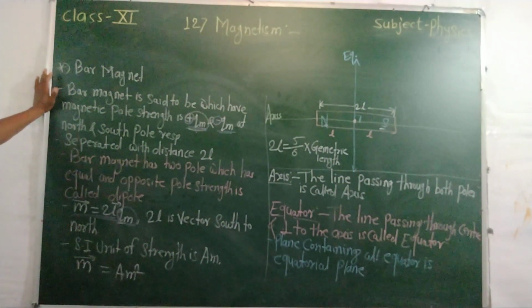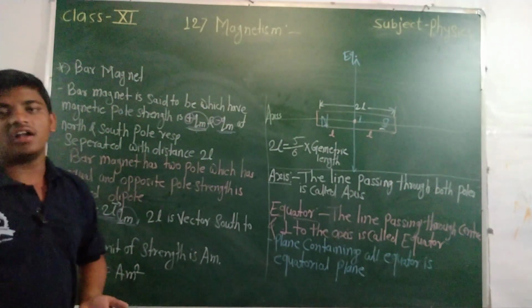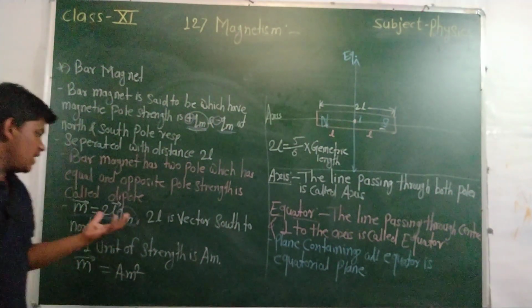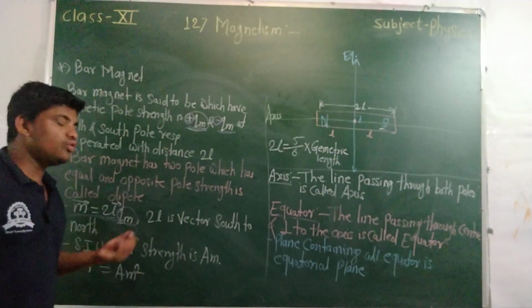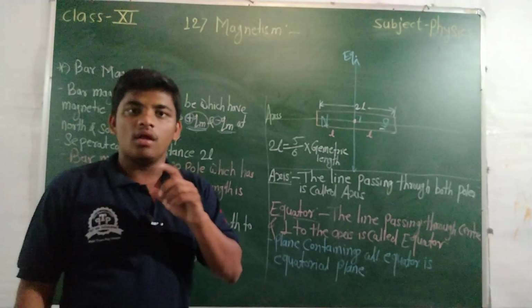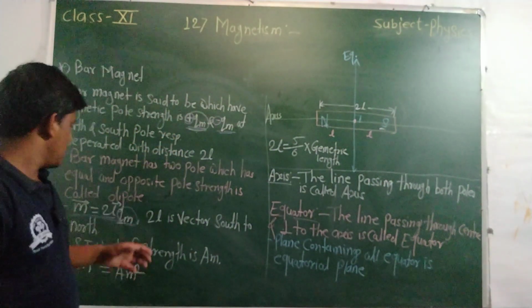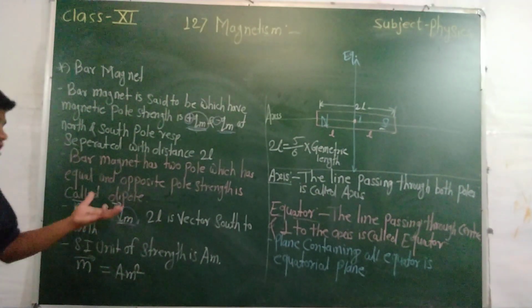In electrostatics, when we find the electric dipole moment, P is equal to 2Lq, maybe plus q or minus q. Here, it is plus qm or minus qm.